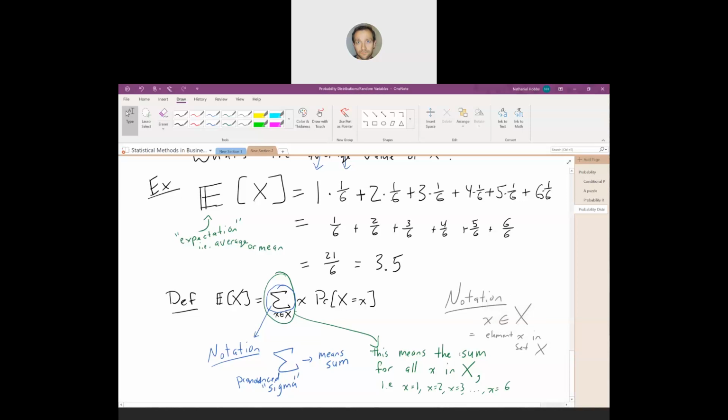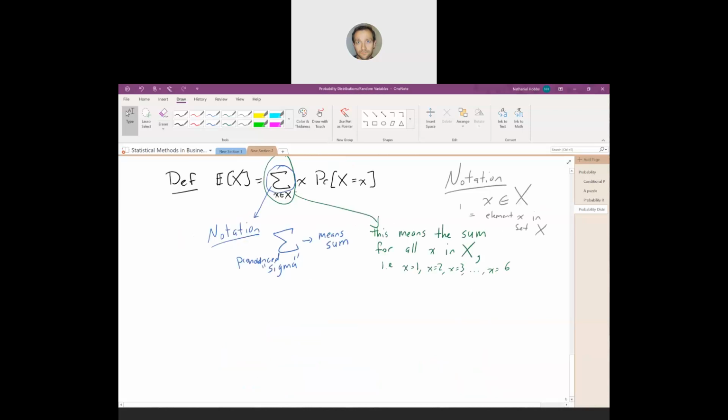Taken together, this means for each element of the set X, plug in that value here, and for each one of them, calculate this value and then add them up. So let me just do this explicitly.